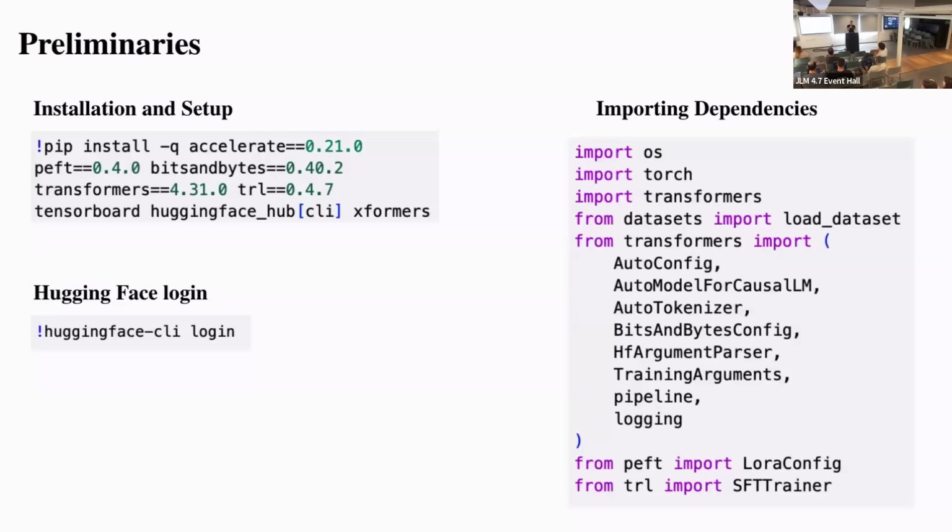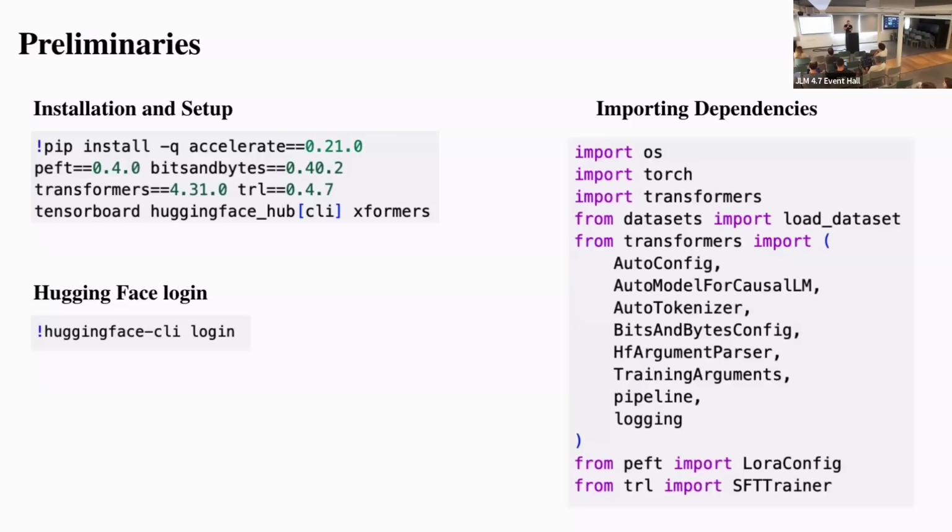Then it's optional, but very recommended, to open an account on Hugging Face. On Hugging Face, we can see all of the models that we can access, including LLaMA. So we log into Hugging Face and authenticate with the confirmation email from Meta, and then we can access the model from Hugging Face.